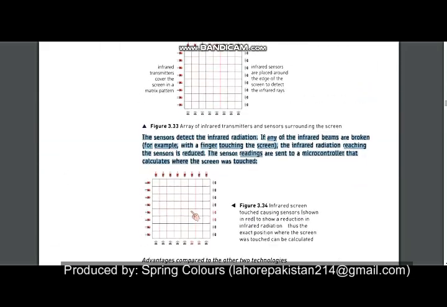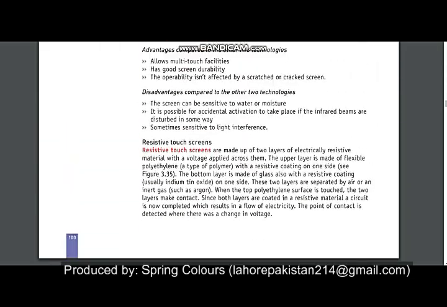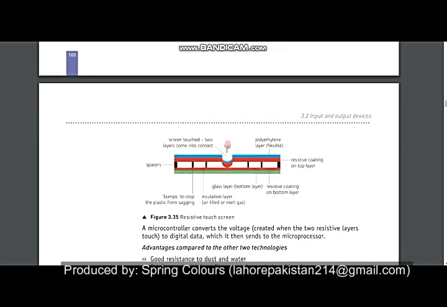And then comes the resistive touch screen, in which the top layer is made up of polythene, which is a flexible layer. When your finger touches the top layer, it touches the bottom glass layer, and that point is considered as the point where the user has touched the touch screen.